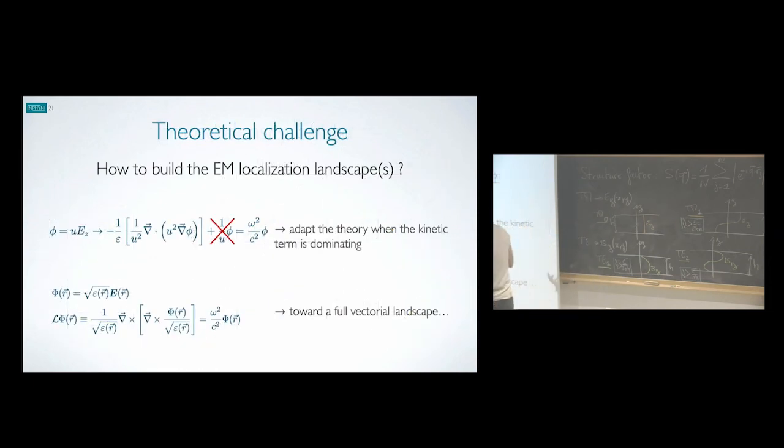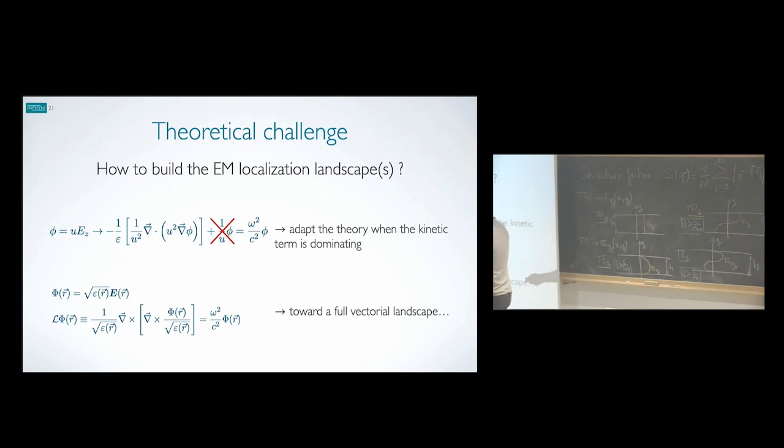And there are maybe 2 challenges. There are most of young people here, very active and clever. So there is no money at all, just for the fun. So there are 2 challenges. One theoretical one. The question is here: how to build a true localization landscape for electromagnetic wave.